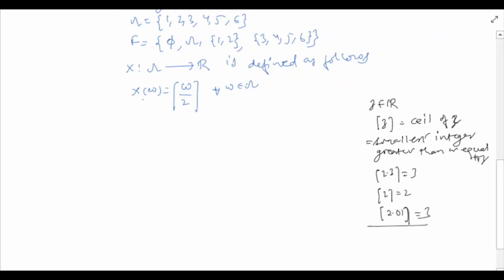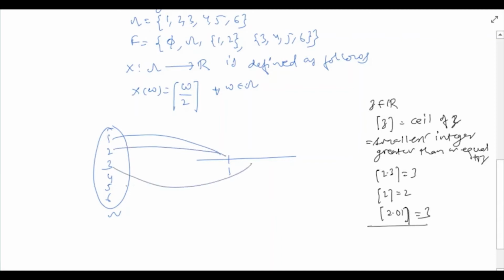We consider a function X(omega) which is the ceil of omega by 2. Clearly such a function would map the sample space to real numbers as follows. 1, 2, 3, 4, 5, 6 is my sample space. 1 and 2 will be mapped to number 1. 3 and 4 will be mapped to number 2.